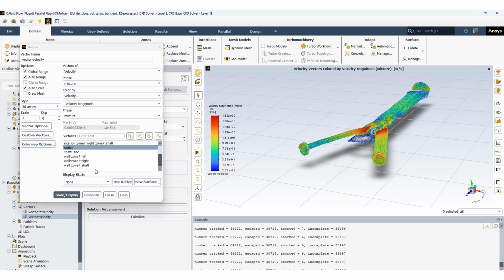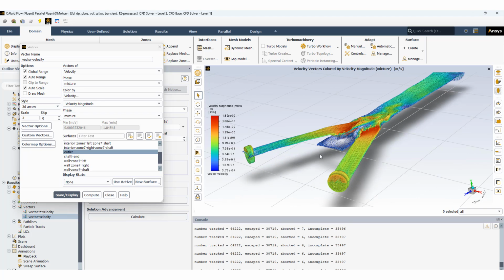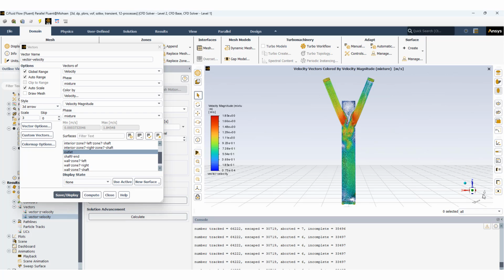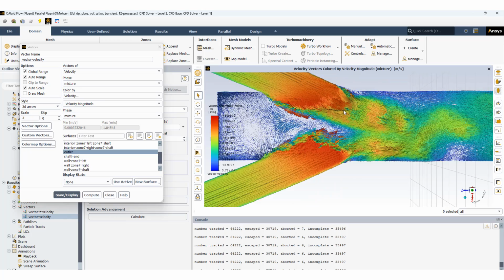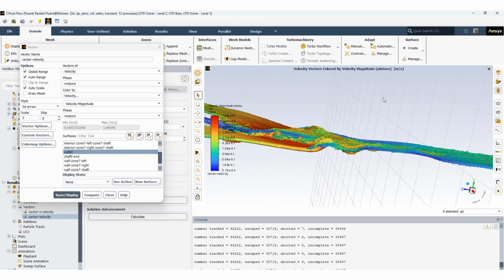As you see, we have a higher value for the velocity when the flow from the branches gets in touch together. Higher velocity for the flow, and here you can see it with these arrow keys.